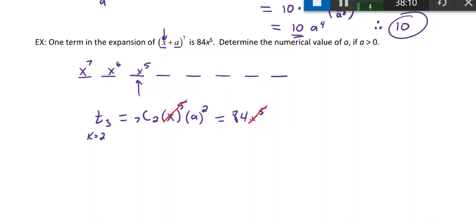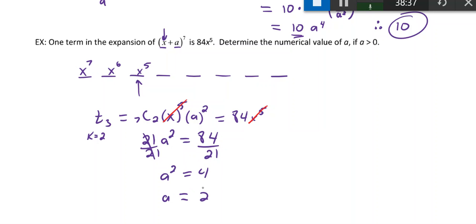They nicely cancel. And then we end up with 7c2 is really 21, a squared is equal to 84. And then divide by 21, so we get a squared is equal to 4. So then a is equal to 2.